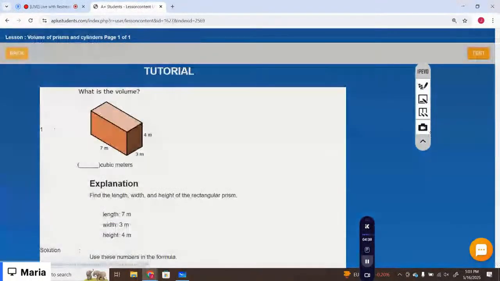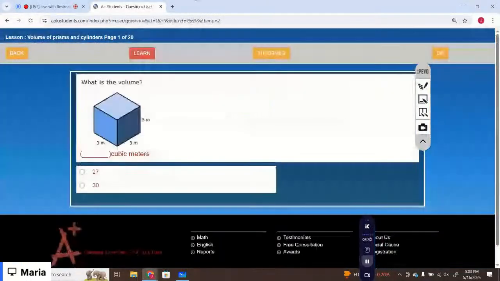Let's start with the next question. What is the volume? That is 3 times 3 times 3.